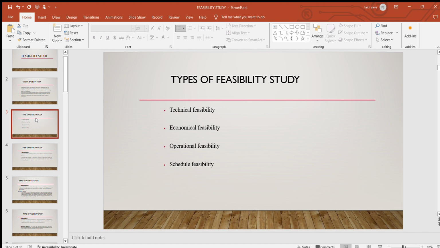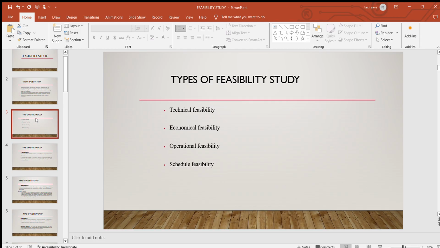Just to mention, under importance of feasibility study, we also have other importance such as risk mitigation, whereby it helps to identify and address potential risks and challenges early in the development process.